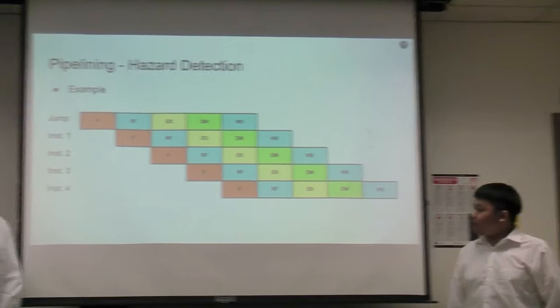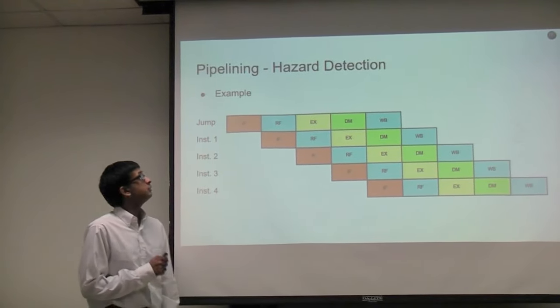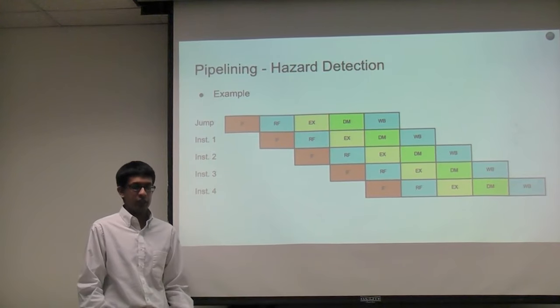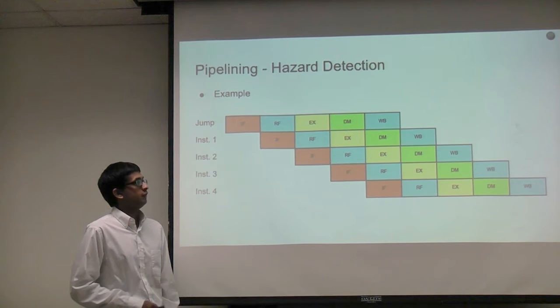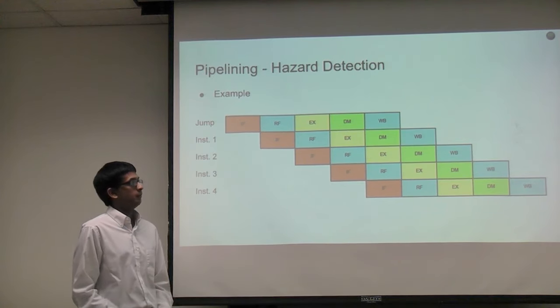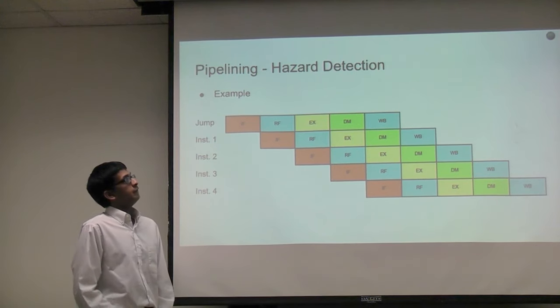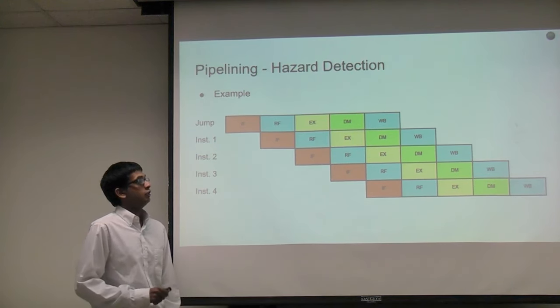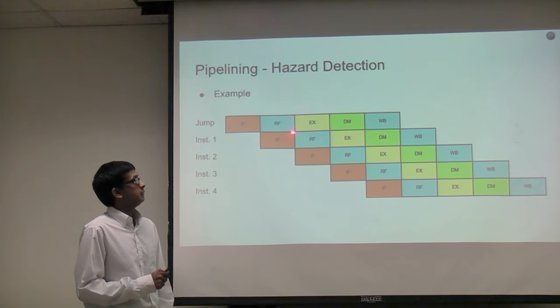Okay, so I'm going to go over the hazard detection, and to show that we need hazard detection, we're going to assume a jump, like just any arbitrary PC change happens, and instructions follow that which are retrieved from the IR. If the PC changes at the register file, then for instruction 1, the PC would actually change here, meaning this instruction would not have the correct IR.